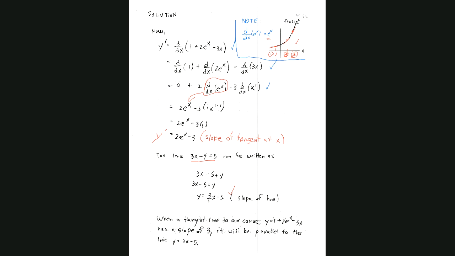And you'll see that the slope of the line is going to be m equals 3, 3 over 1, which is 3. So when a tangent line to our curve has a slope of 3, it will be parallel to the line y equals 3x minus 5.